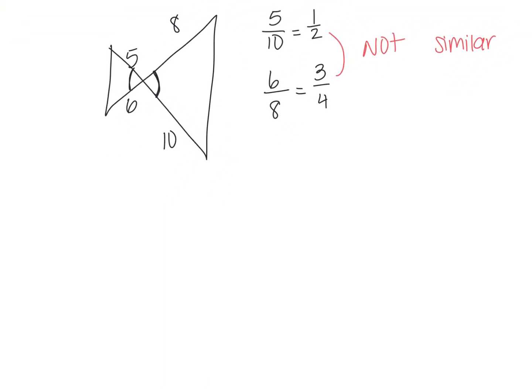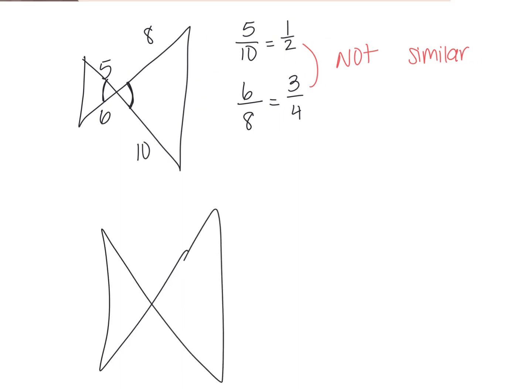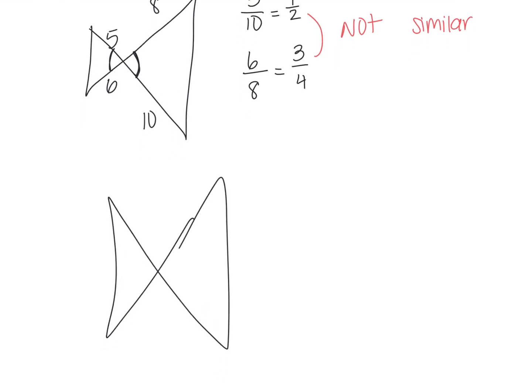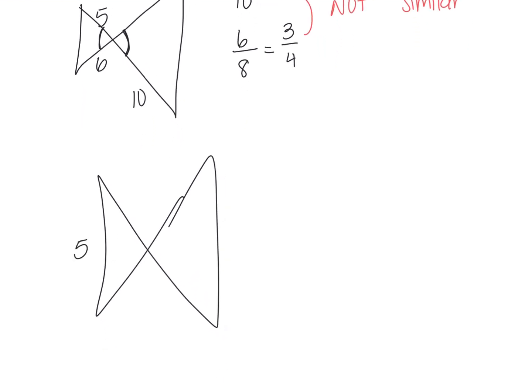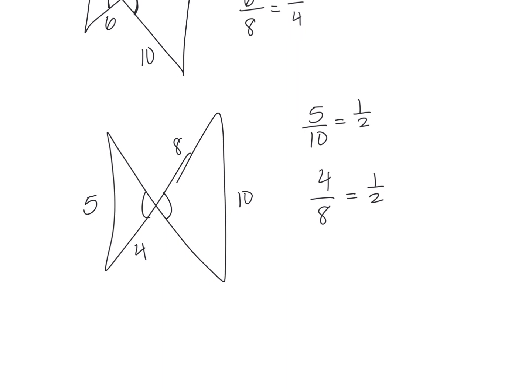All right, looking at another example, I'm going to give you 5, 4, 8, and 10. Verticals we know are congruent. Setting it up as a proportion as I did before, I have 5 over 10, 4 over 8. Simplifying these, I'm getting 1/2. So the sides are going to be proportional.